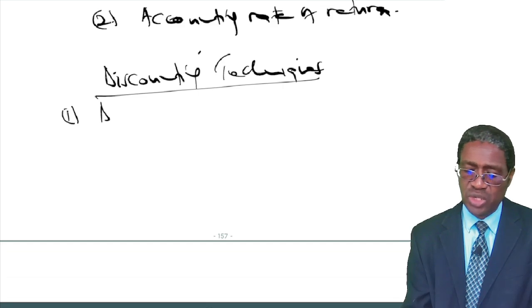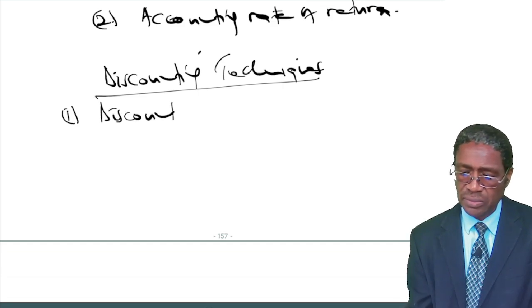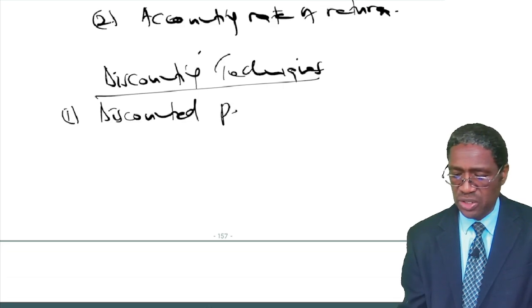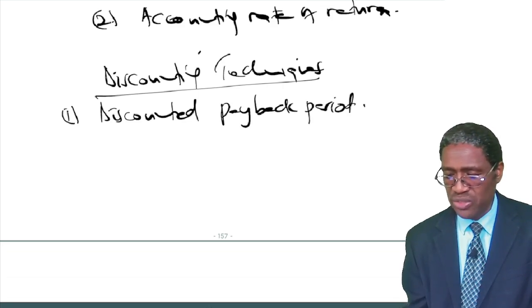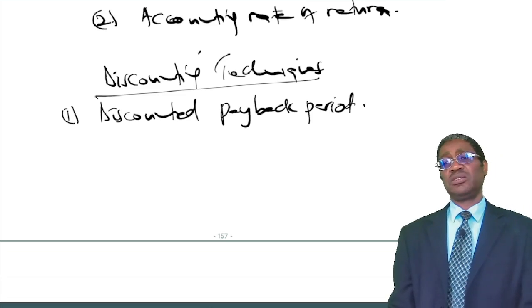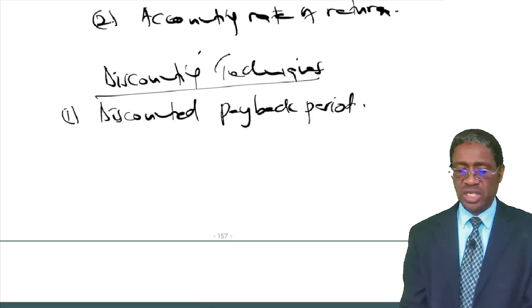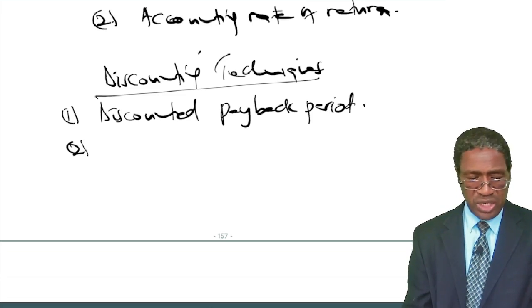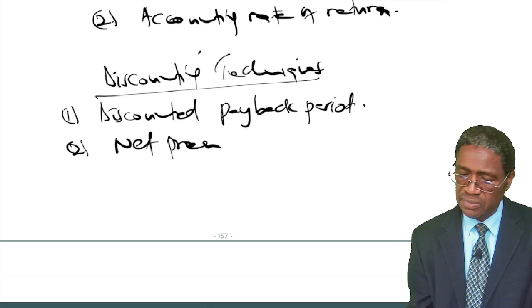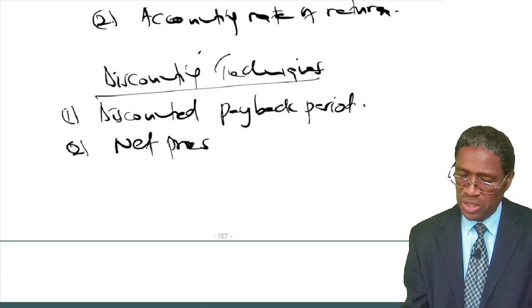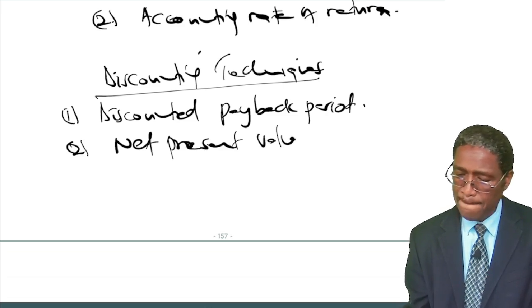One is what we call the discounted payback period. That's one method to evaluate a project. Number two, another method is what we call the net present value.